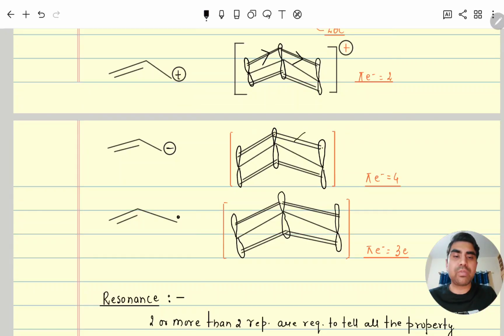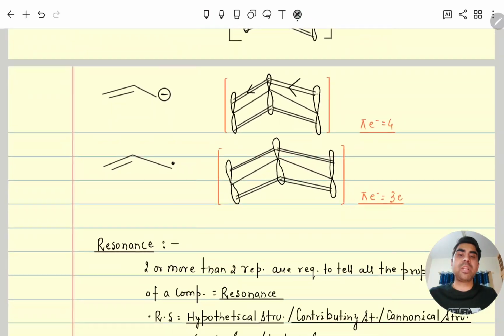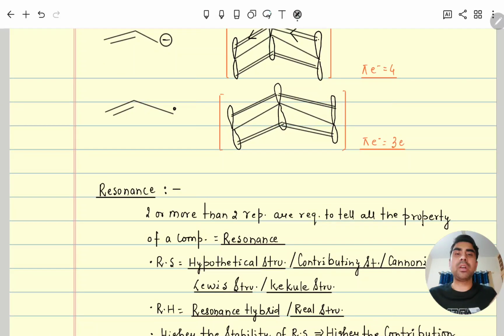So electrons will move from high electron density to low electron density. All those things will help you in the chemical reactions of all organic compounds, in how bonds break and everything. Similarly, here you can see a free radical. So here it has 1 electron, here also it has 1 electron.